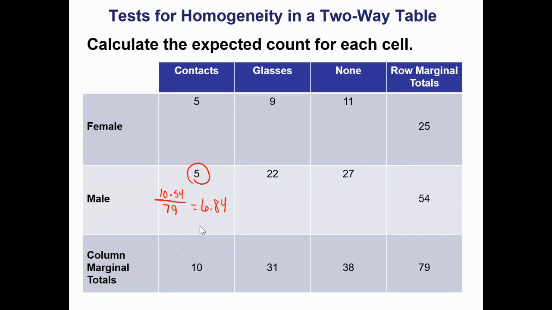Okay, so does anyone want to claim one of their cells up here? You want to do the females with contacts? Okay, I'm going to write y'all's name in it, and then as we get to it, I'll call you. Will, which one would you like to do? No glasses. No glasses, okay.